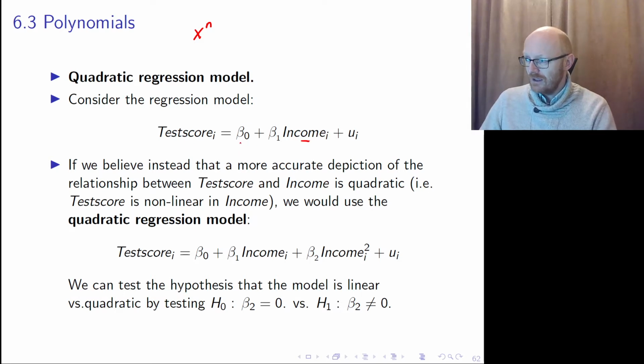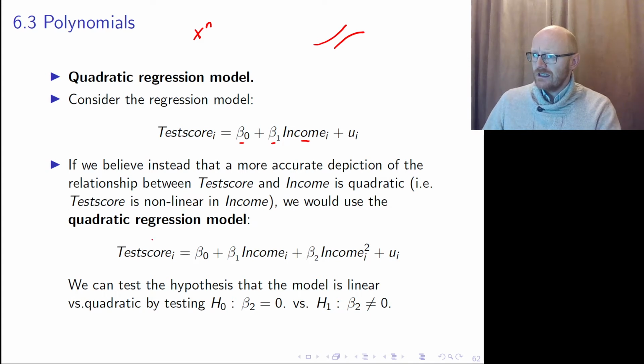So you have the intercept, you have the slope, which is the effect 1 unit of income has on the test score. What if we believe that test score and income has a more quadratic relationship, which either is upward sloping or it's convex or concave?